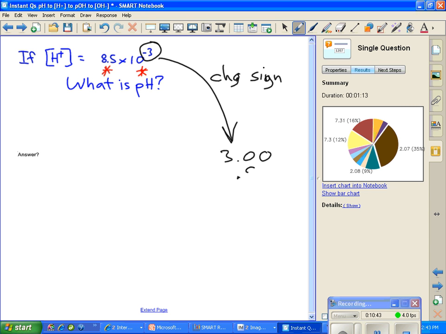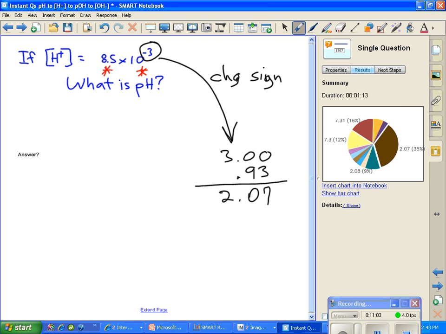Or 0.93, not 9.3. 0.93, and we subtract that out. We get 7, 0, and, whoops, not 3, 2. Okay, 2.07. Now, if you had 2.07 or you had 2.08, you did great.